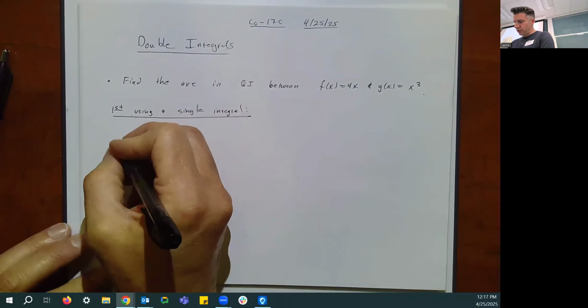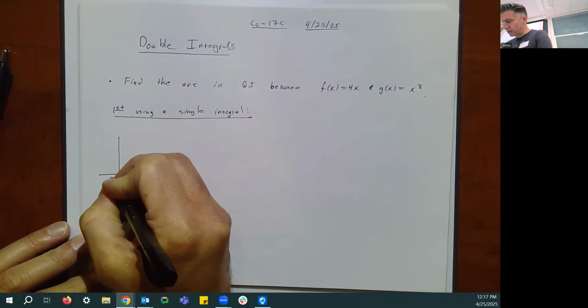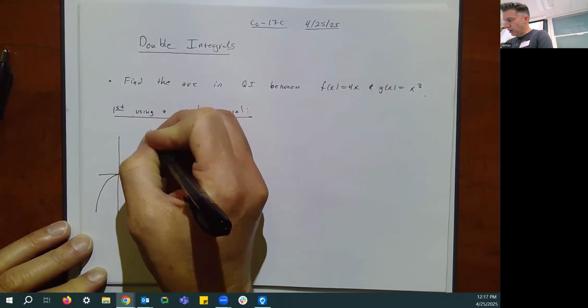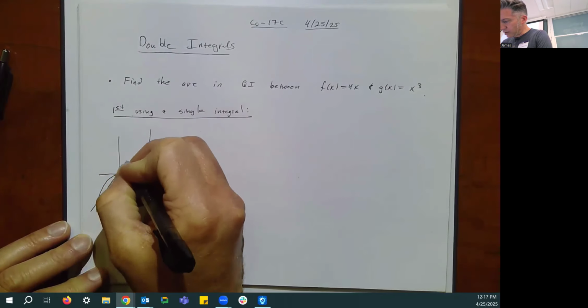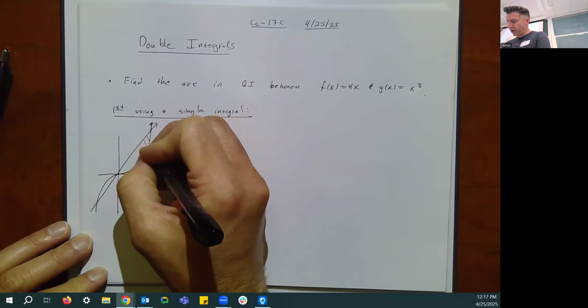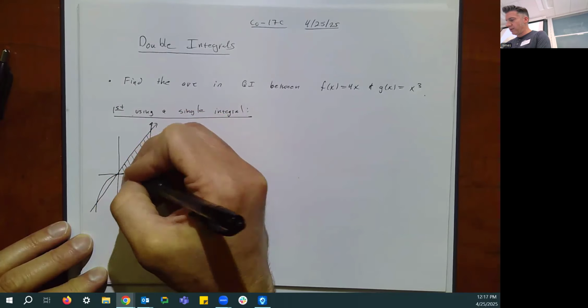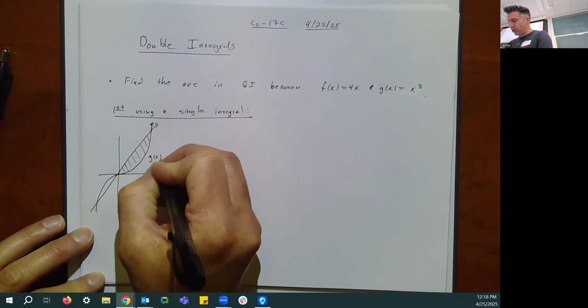So let's draw the region. We know what the cubic function looks like. It looks vaguely like this. And f of x equal to 4x looks something like this. So I'm trying to find this area here between the curves, because I'm in quadrant 1. My lower function is g of x equal to x cubed.